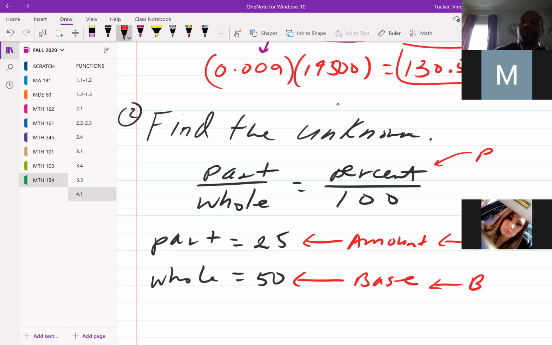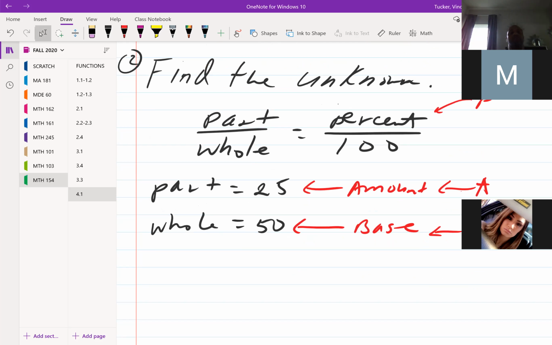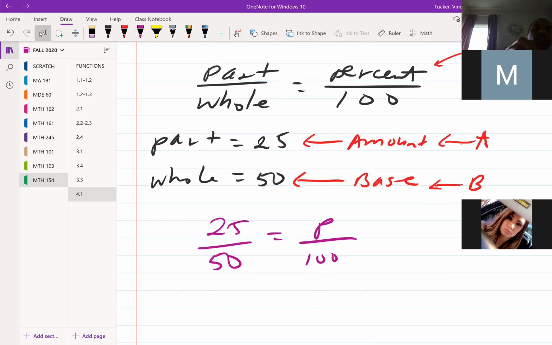It's the same thing. So we're setting up our proportions. We've done proportions before. This time we're just dealing with percentages. So we just go ahead and set it up. Part is 25, whole is 50, the percent is unknown, and you always place your percent over 100. You can cross multiply, or since the 100 is down there, we can just multiply both sides by 100. Either way, you'll get the same result.